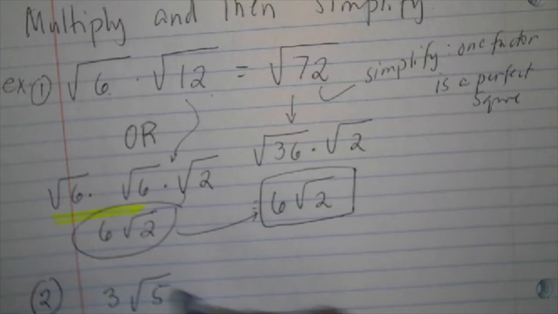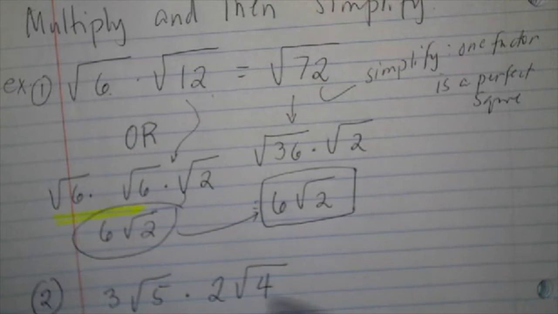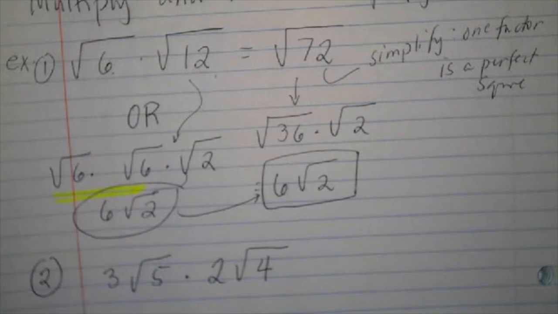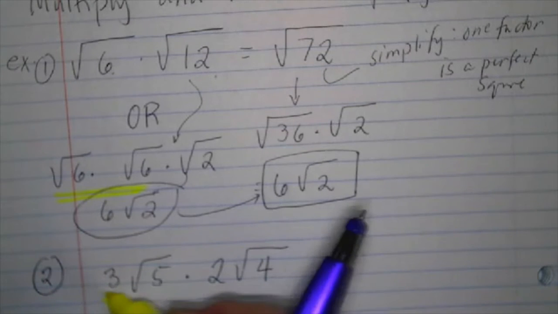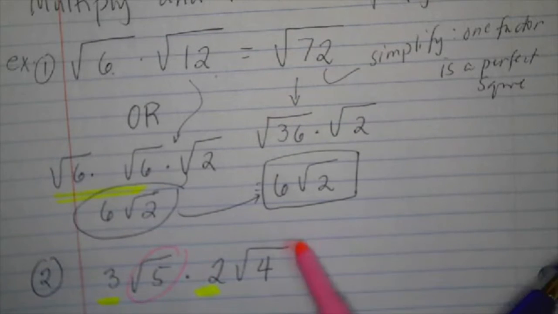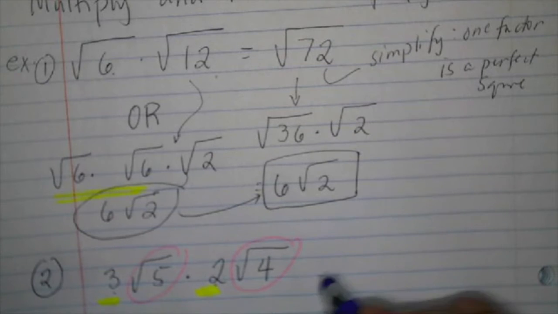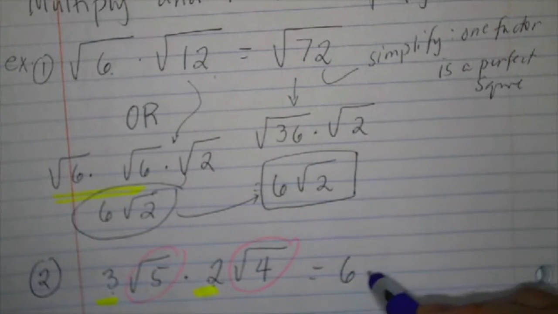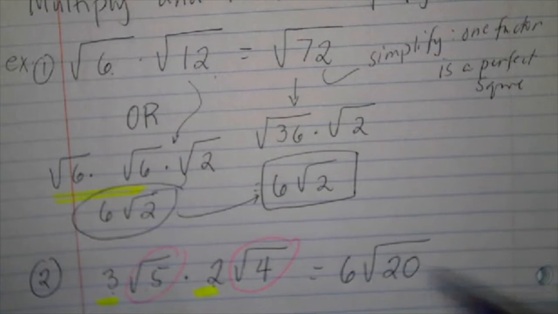Example 2. 3 square root of 5 times 2 square root of 4. Multiply the numbers outside and multiply the numbers that are in radicals. So 2 times 3 will give you 6.